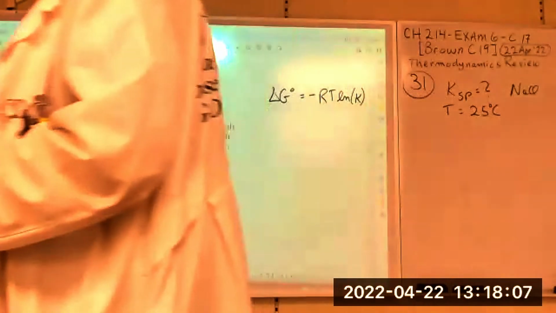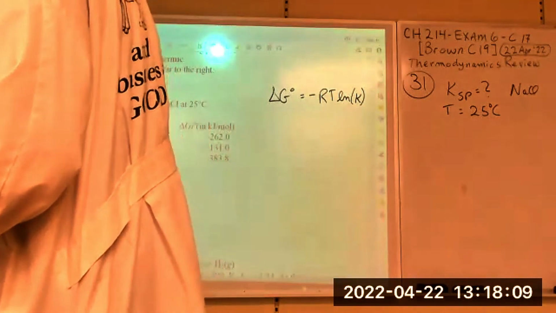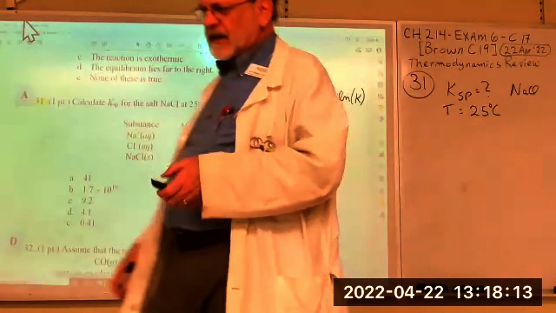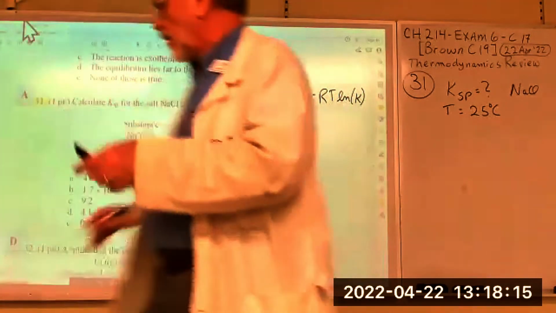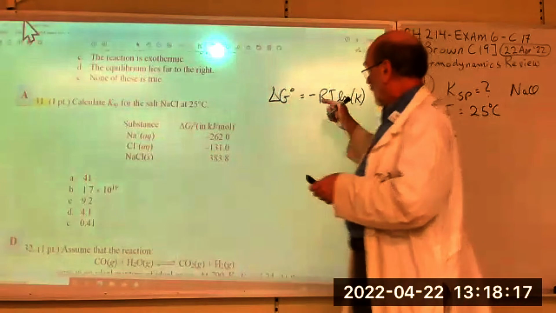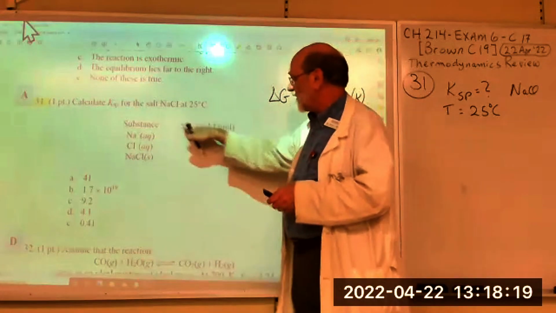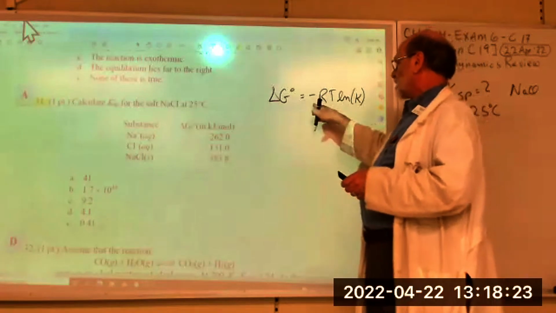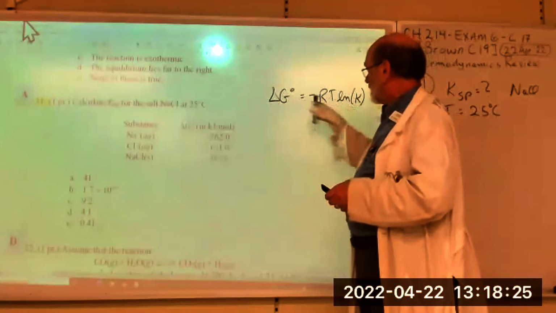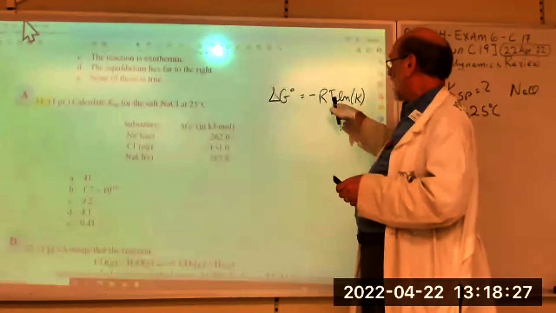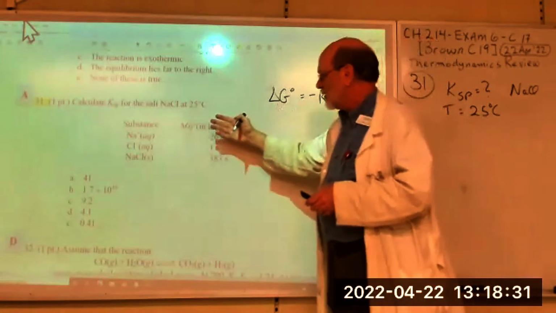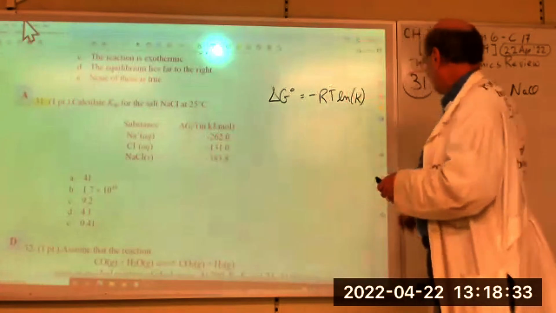So the standard gives free energy. Excuse me, I left off. No, I got it. Minus sign. So that's what we're headed for. And we know to use this one because we're given these types of information and we're asked to calculate that. So we need to find out what is this. We already know what that is, and we know what this is. So we need to find this from that information.